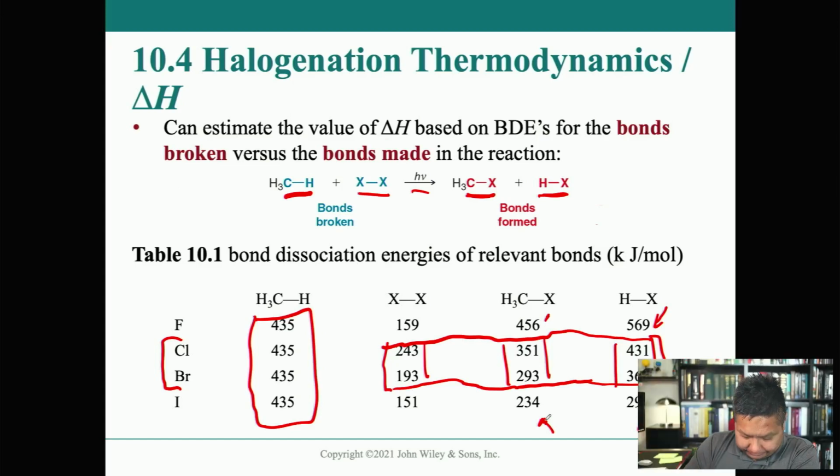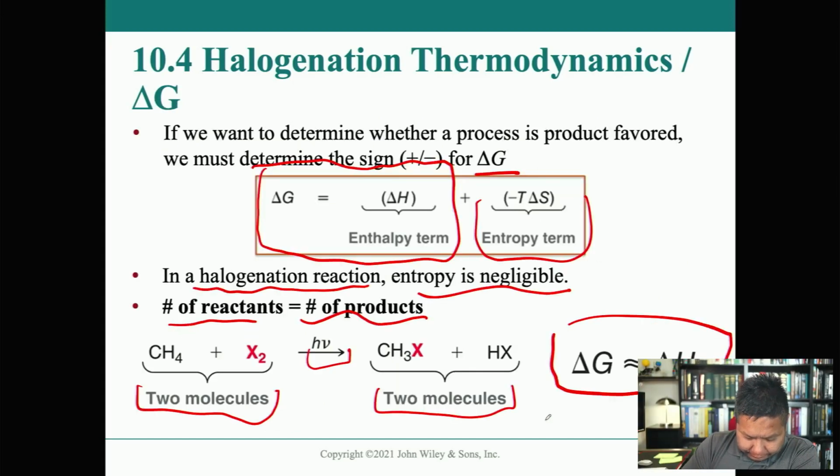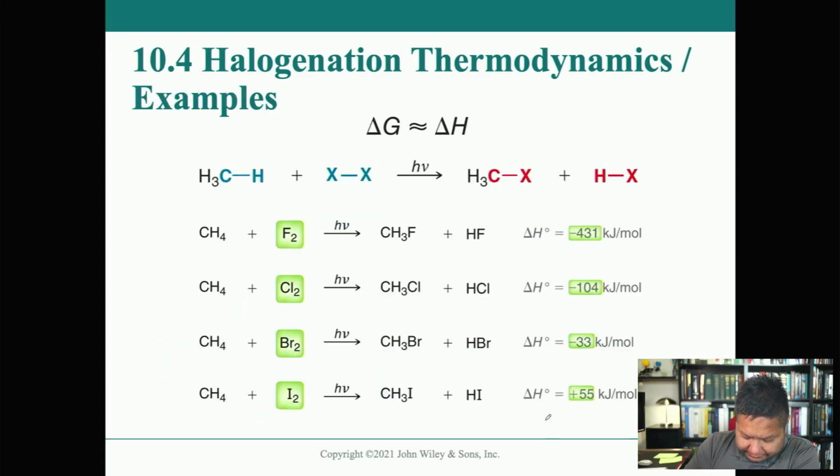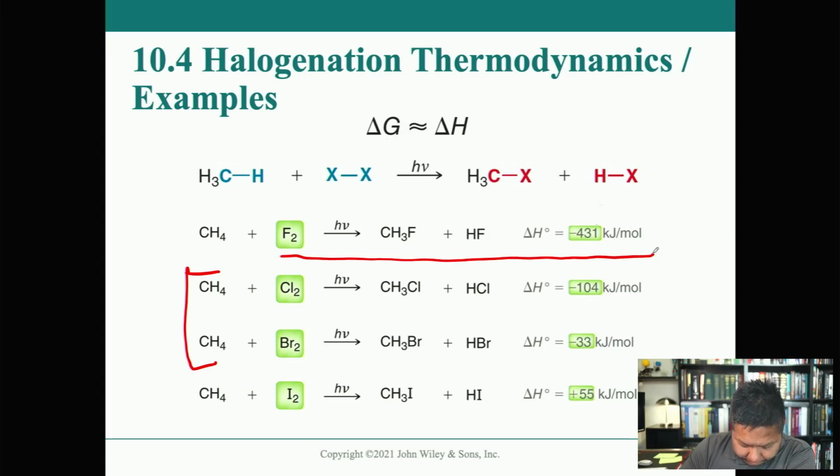I'll bring myself back now. Oops, went to the wrong one. Next. There we go. So now, just as you saw previously, I pointed out chlorine and bromine, the chlorine gas and the bromine gas, and the effect of which is what you can see here from those bond dissociation energies. The fluorine had the huge number right here.